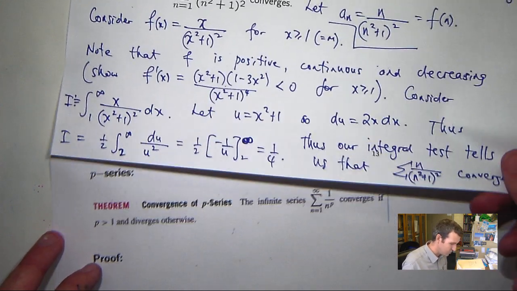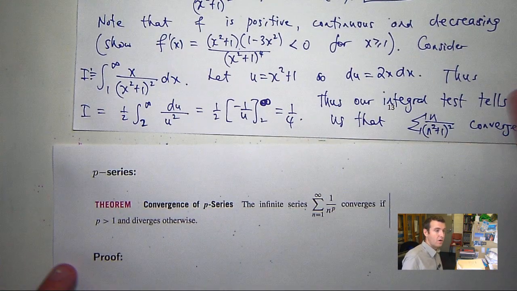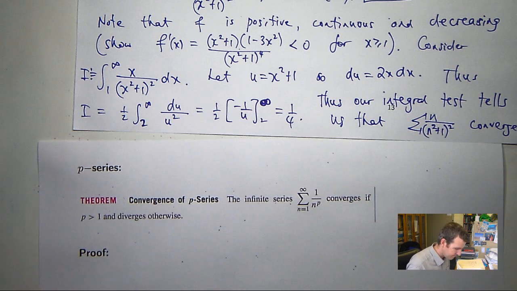Let's go on to a nice application of the integral test, and it involves a special type of series called a p-series. Basically, the following theorem tells us the following.